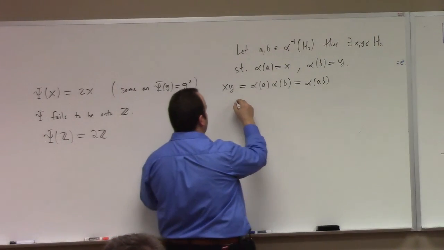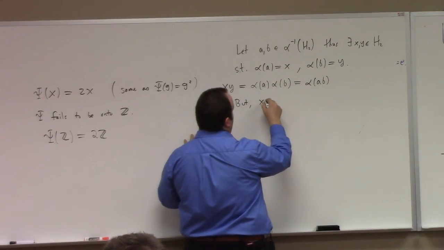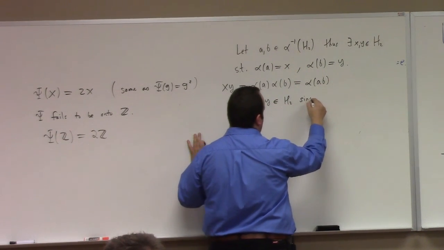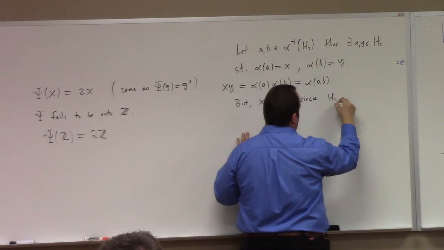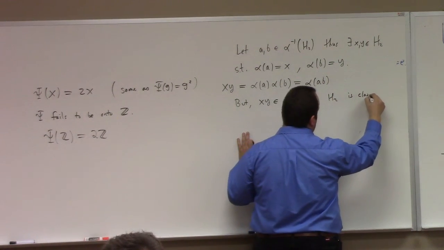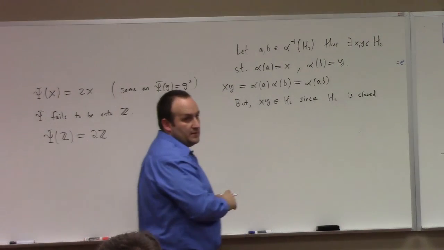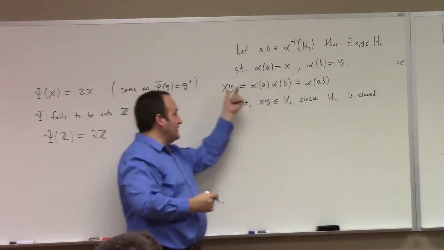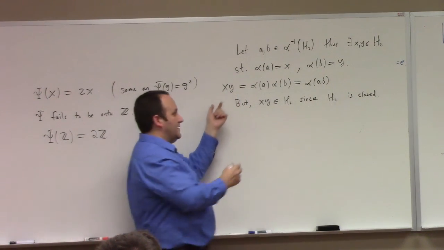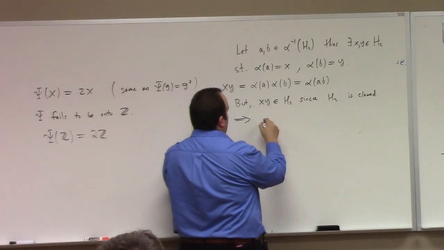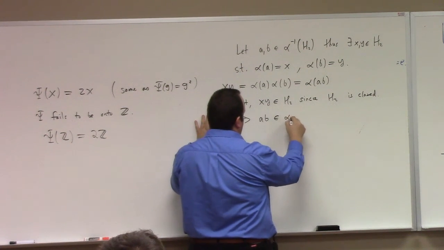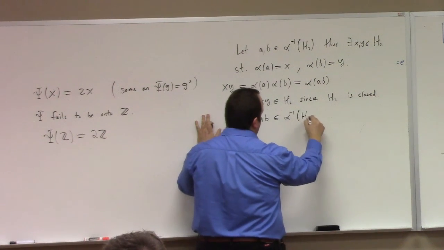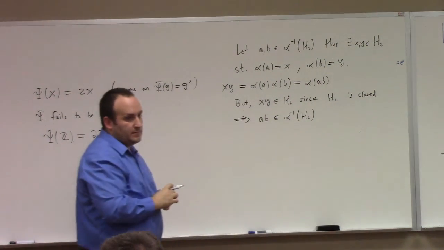Notice xy is an element of H2 since H2 is closed. So the product of things in H2 is, again, in H2. And so what this shows is that A times B maps under alpha to x times y. Consequently, AB is an element of the inverse image of H2. And that shows closure.